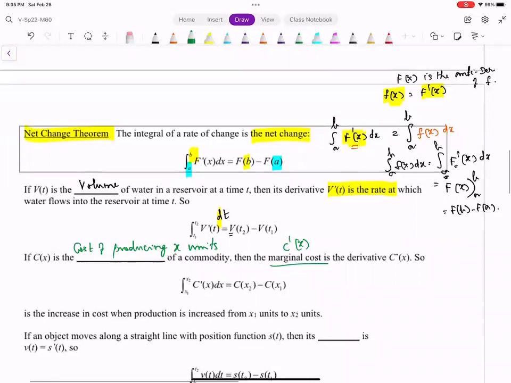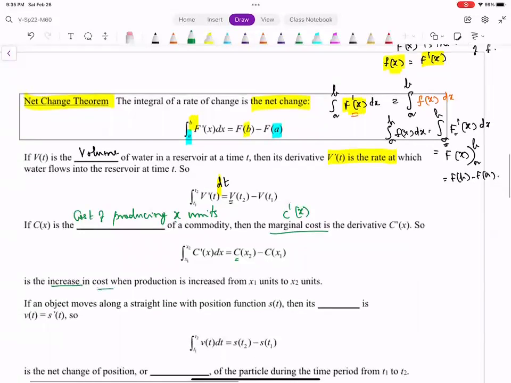So integral x1 to x2, that is x1 units to x2 units, C prime x dx, which is the integral of the marginal cost, the integral of the derivative of the cost function, gives cost at the upper limit minus cost at the lower limit. It is the rate of change. It is actually the change or increase in cost in producing x2 units versus producing x1 units, the cost difference when the production is increased from x1 to x2 units.